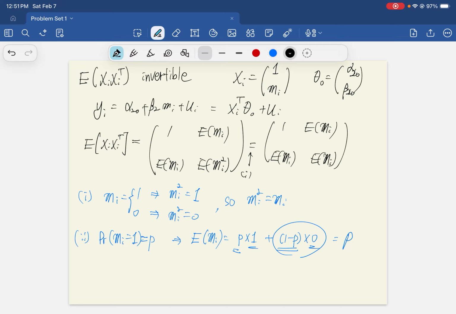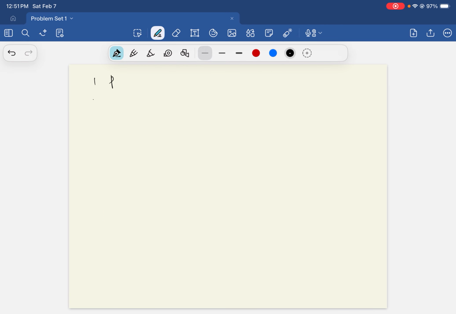Usually in this case we write this as 1, p, p, p, from the second fact. Now it's simple. The determinant of this matrix is 1 times p minus p times p squared... minus p squared. This determinant should not be 0 for this to be invertible.